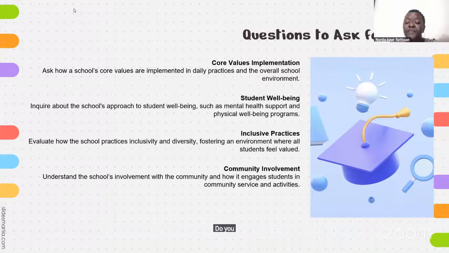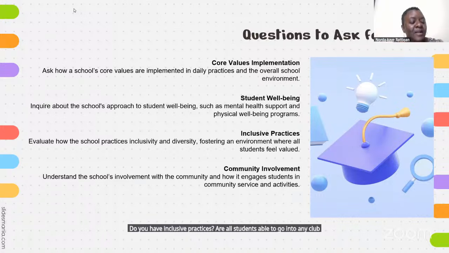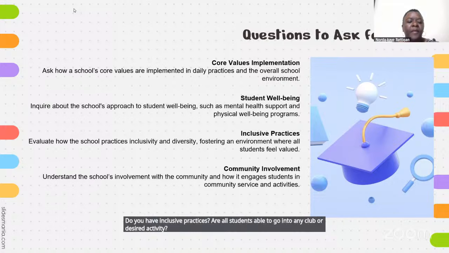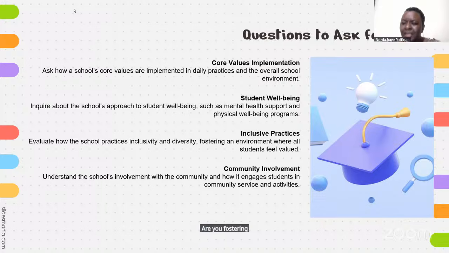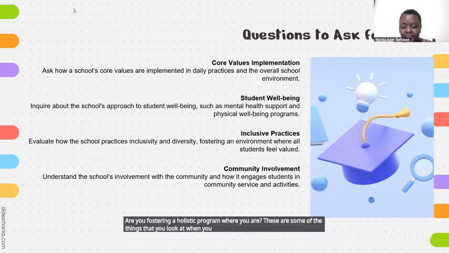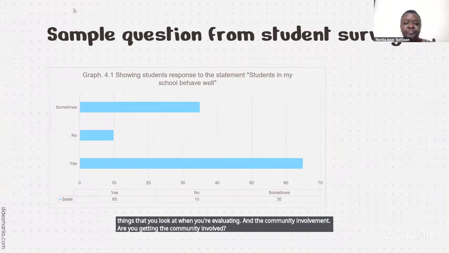Do you have inclusive practices? Are all students able to go into any club or desired activity? Are you fostering a holistic program? These are some of the things that you look at when you're evaluating. And community involvement: are you getting the community involved in the school?